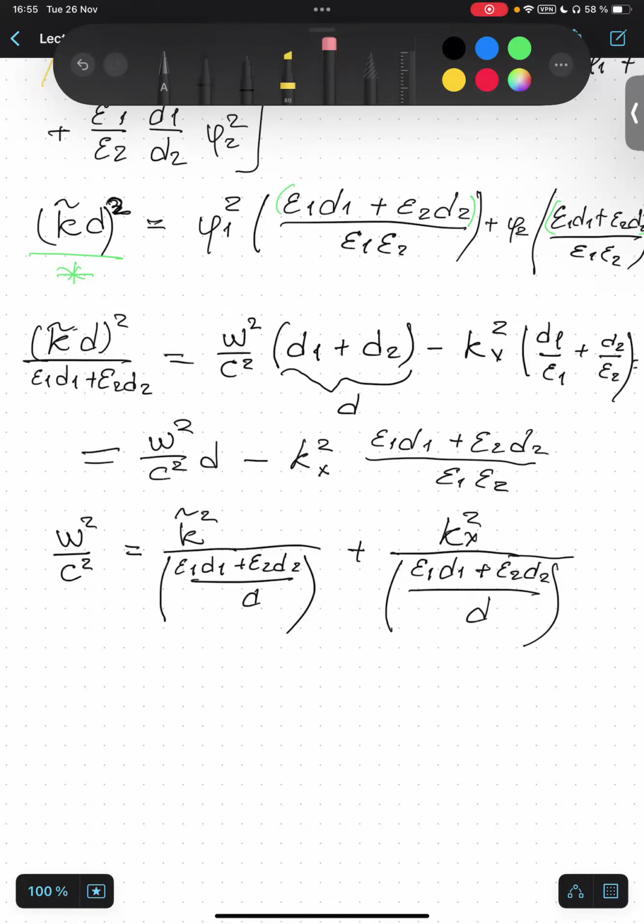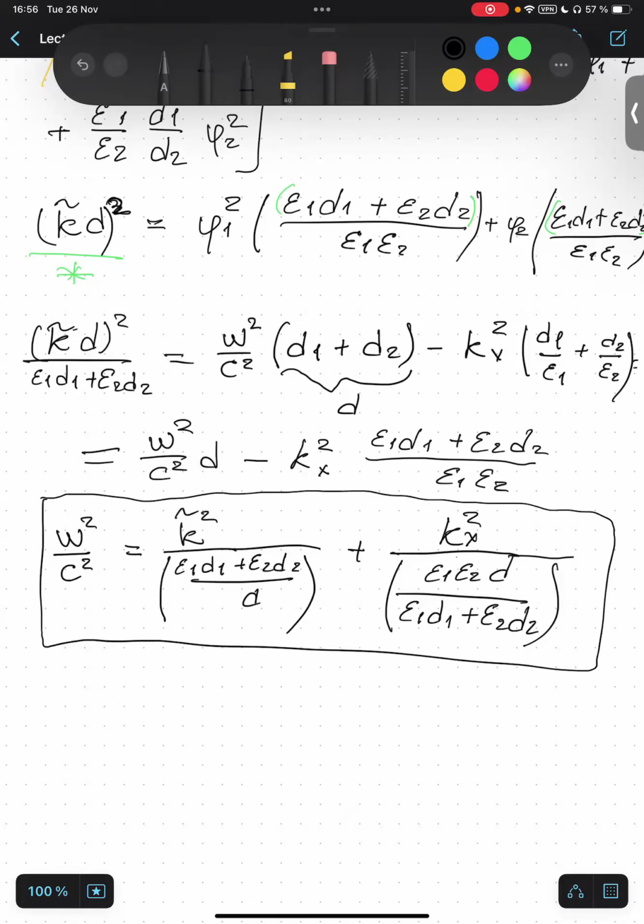No, not the same bracket, sorry, it's my fault. It's the opposite: it's epsilon 1 epsilon 2 d over (epsilon 2 d1 plus epsilon 1 d2). Yes, now it's right.